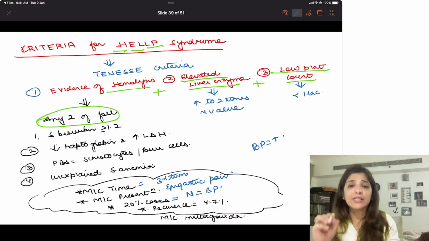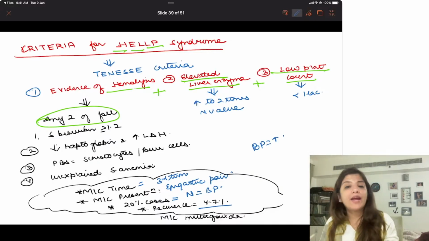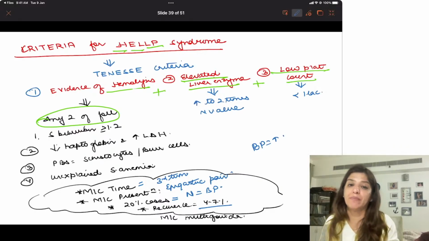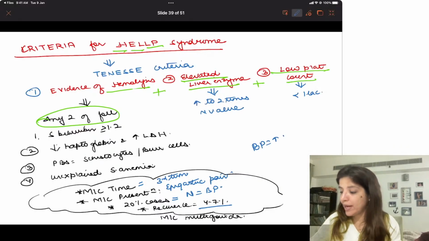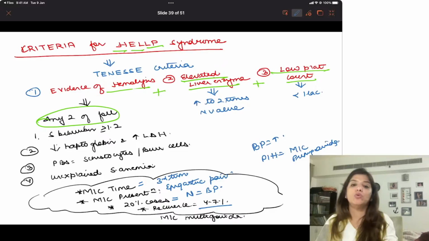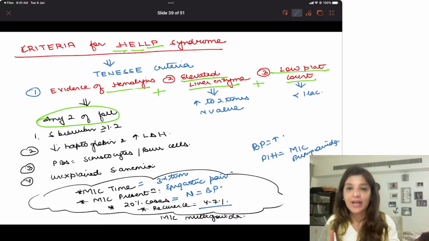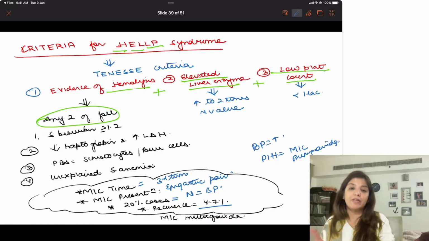Recurrence rate for HELP syndrome is 4 to 7%, and HELP syndrome is more common in multigravida females, whereas PIH is more common in primigravida females. I told you that risk factors for PIH are very, very important, but HELP syndrome is more common in multigravida females.